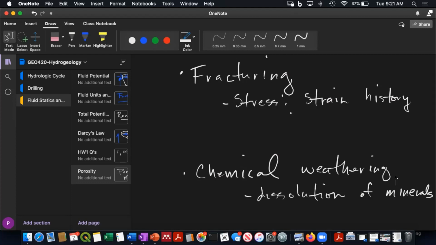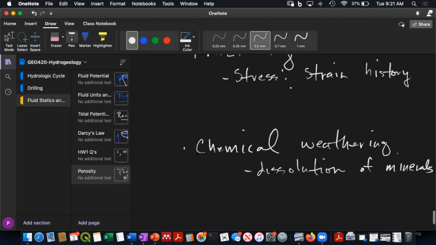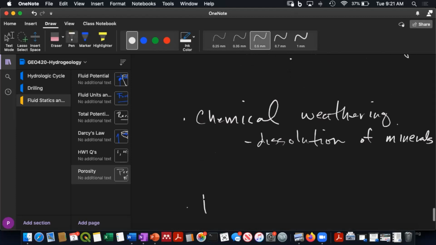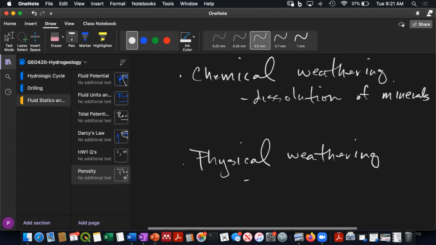I guess physical weathering, ice wedging, things like that often open up more. So we'll put physical weathering too. You know, ice wedging is a good way to create fractures.